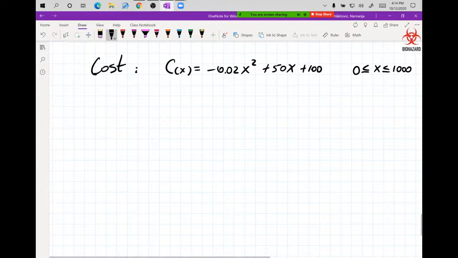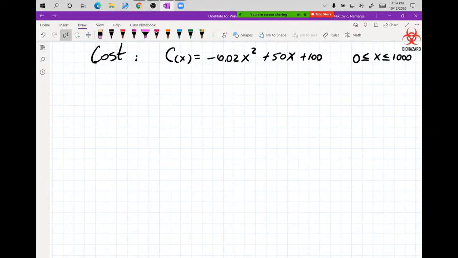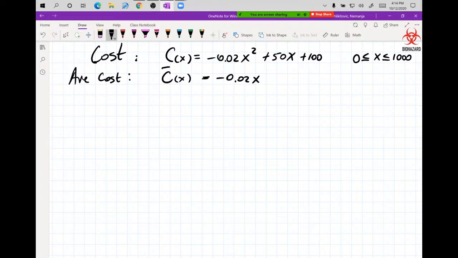And we know that we can quickly calculate the formula for average cost because all I need to do is divide each one of these terms by x. So negative 0.02x plus 50 plus 100 over x. And then the marginal cost would be another formula, which is the C prime, and that's just the basic derivative.